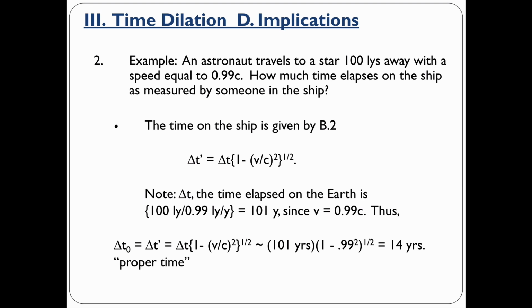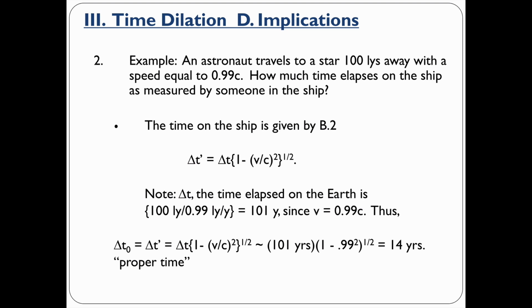So delta t0, which we're going to call proper time, is equal to delta t prime. That's equal to delta t times the square root of 1 minus (v over c) squared, or basically 101 years times the square root of 1 minus 0.99 squared, or 14 years.